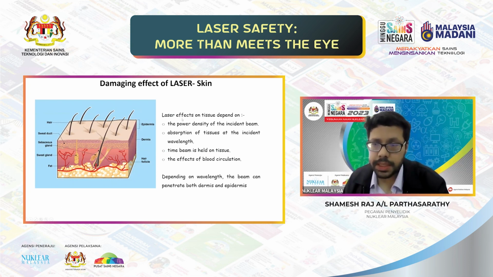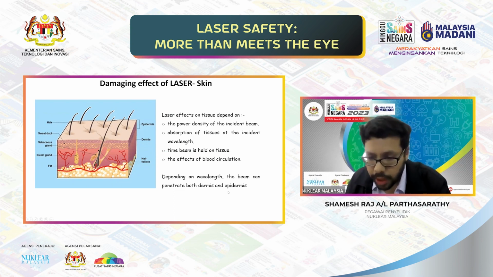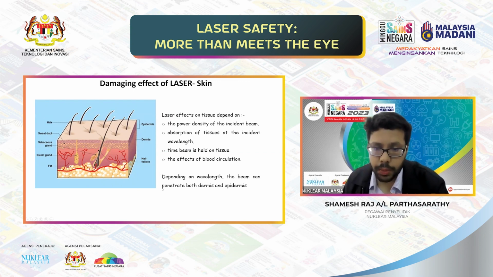The laser effects on tissue depend on the power density of the incident beam, the absorption of the tissue at the incident beam, the time the beam is held on the tissue, and also the effects of blood circulation. Depending on the wavelength, the beam can penetrate both dermis and epidermis. When dealing with lasers in terms of skin, it's not as serious as the eye, but still we need to exert caution.